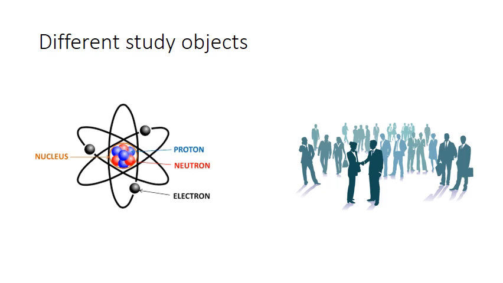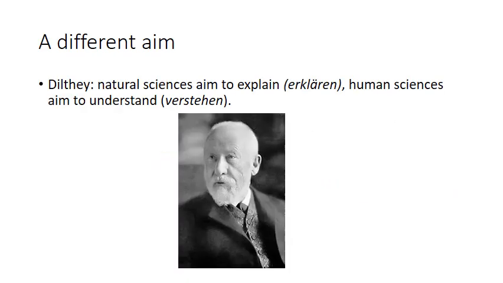In the human sciences, however, what we're studying is human thinking, human behavior, and human interaction, like in economics or sociology or anthropology. So very, very different study objects.